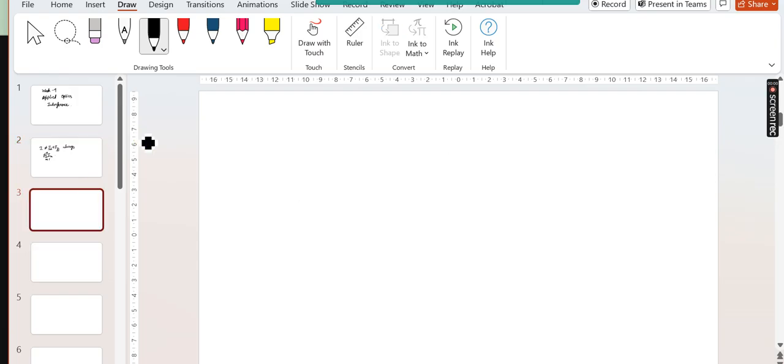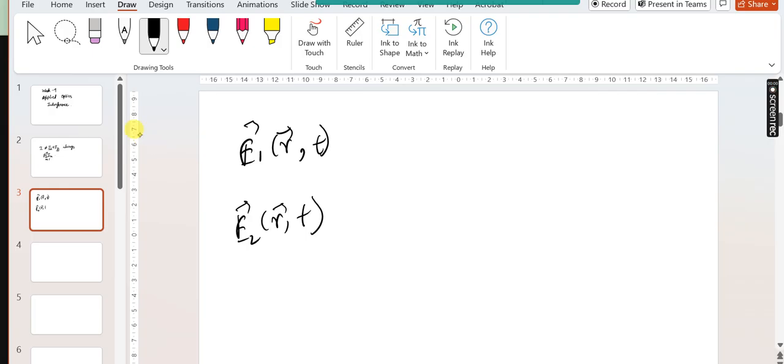Now we are considering two waves, E1, which is a function of r and t, and also E2, which is a function of r and t.